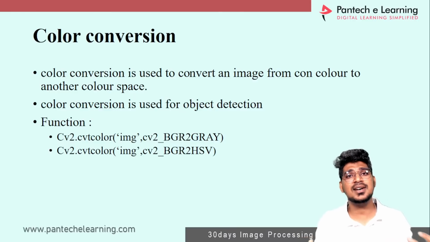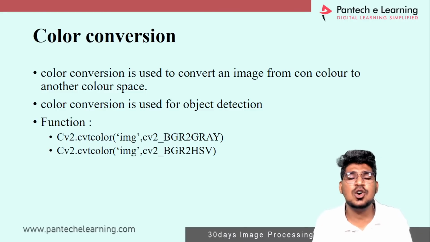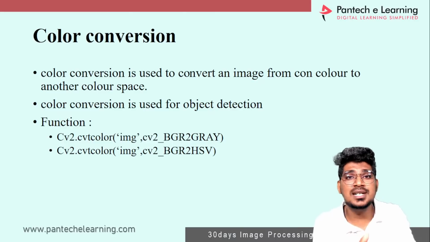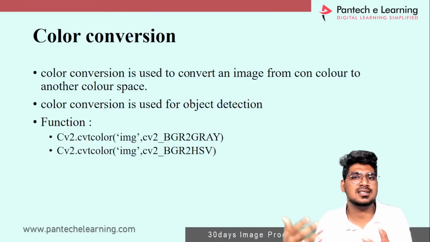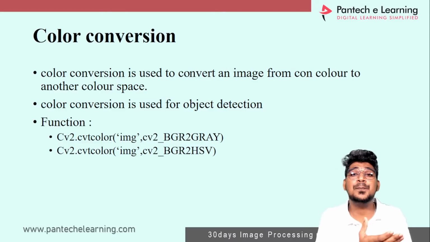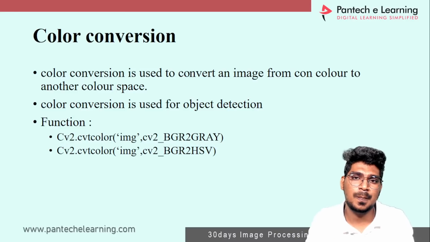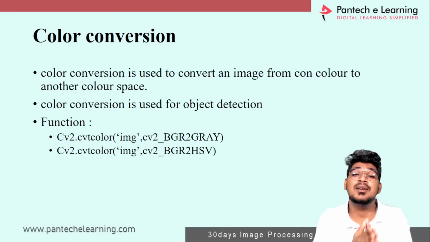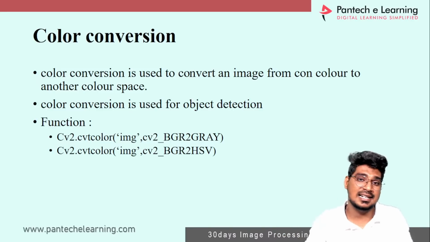The basic concept of computer vision is object detection, which helps with face recognition, multicolor detection and similar things. If you concentrate on converting the color, it will be more helpful and make the object detection process easier.